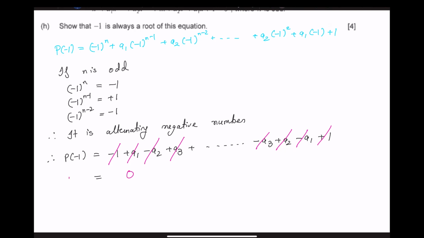So p of negative 1 becomes 0. Okay. Therefore, negative 1 is always a root of a palindromic polynomial if n is odd.